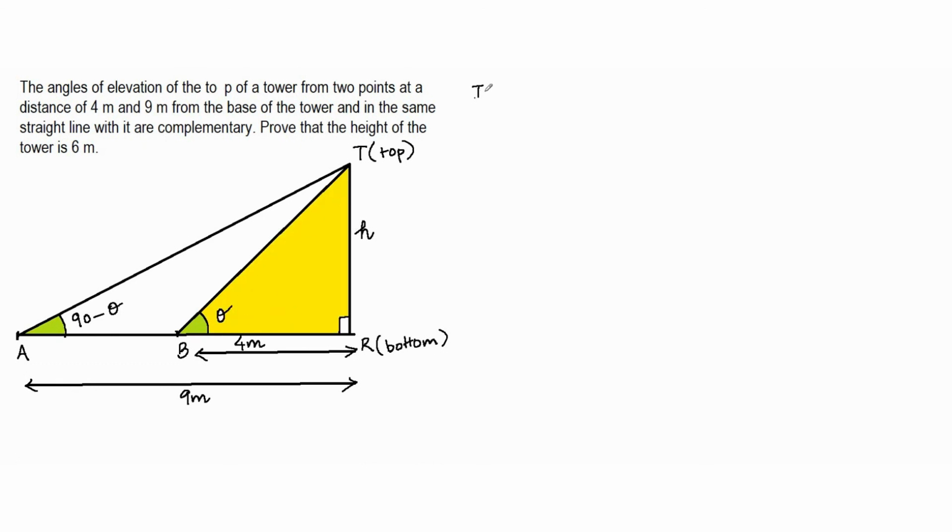So I can say in triangle TBR, tan theta is going to be the opposite side upon the adjacent side, which is h upon 4. Let this be my first equation. Then of course I can pick another triangle.